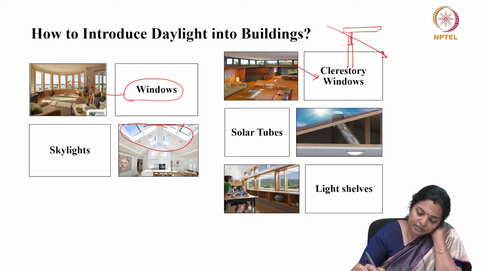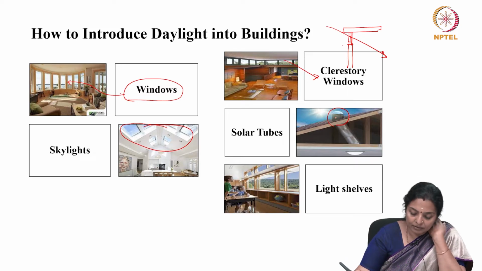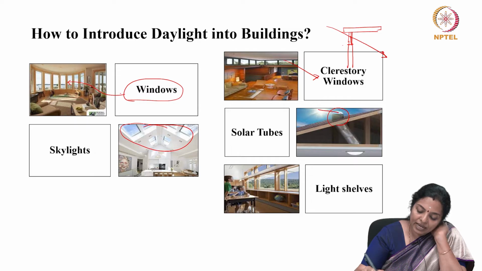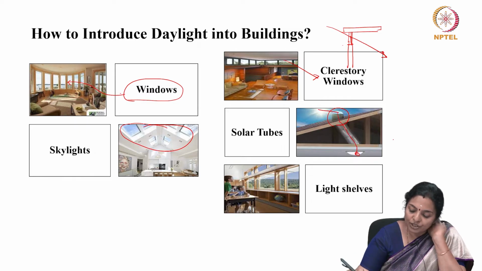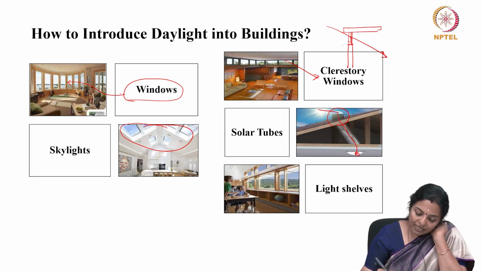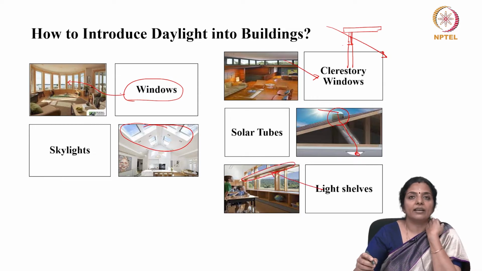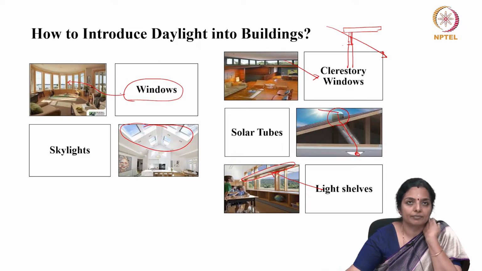Solar tubes are a contraption which trap the light and lead the light into areas which have no source of openings. And you have the light shelves through which you get diffused light through reflection.